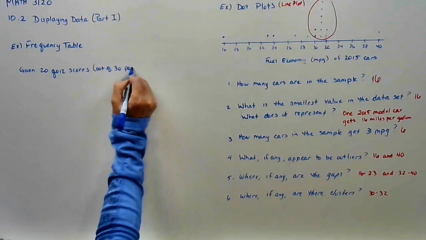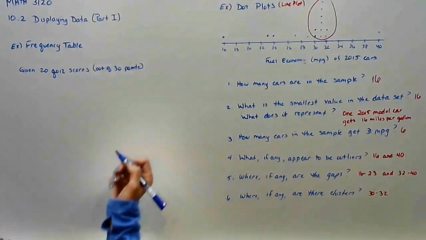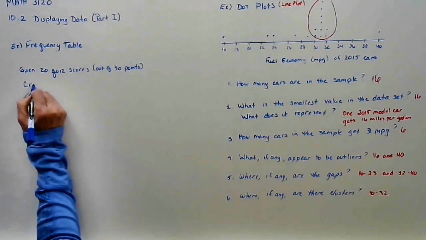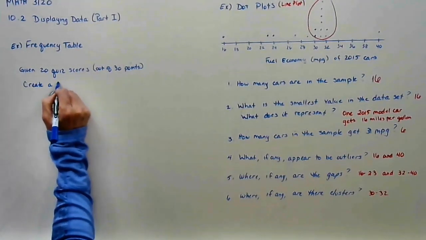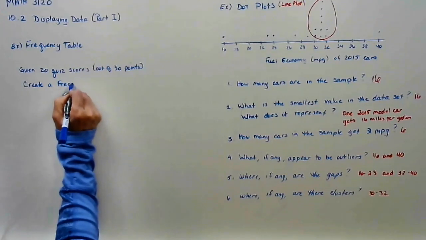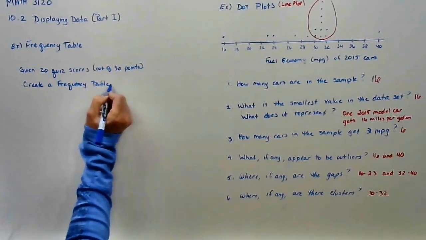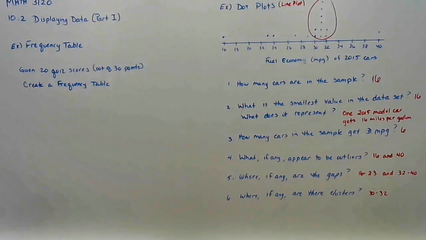This is actually a data set from a quiz in one of my classes last semester. So I have 20 quiz scores out of 30 points. Let's create a frequency table. Because of space on the paper that I gave you, I'm going to make the frequency table go horizontally. In other examples, I'll have it go vertically.